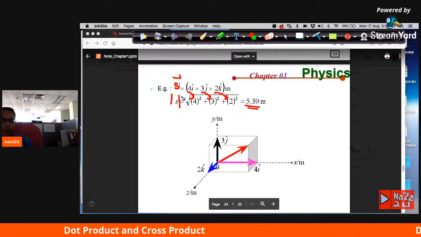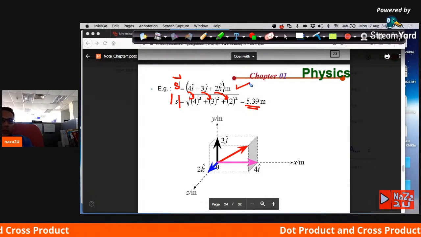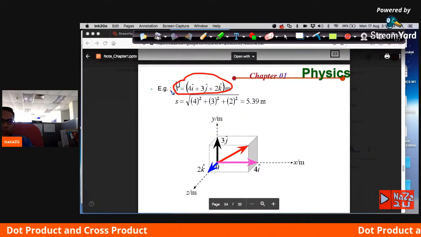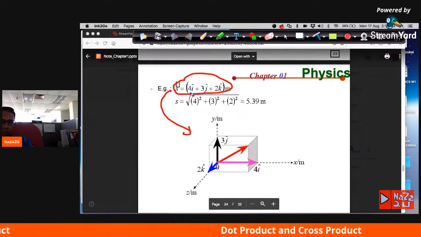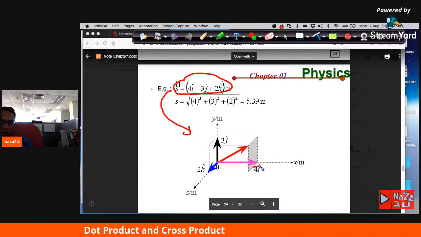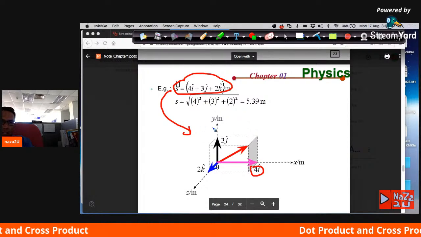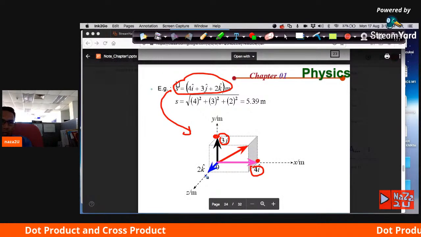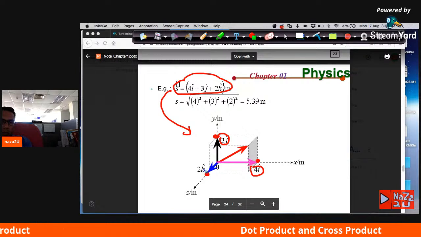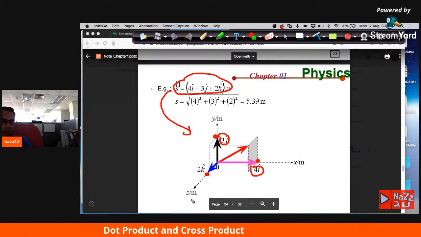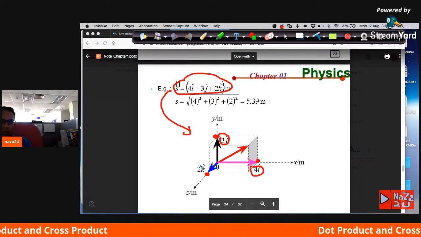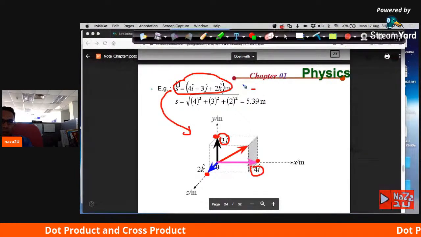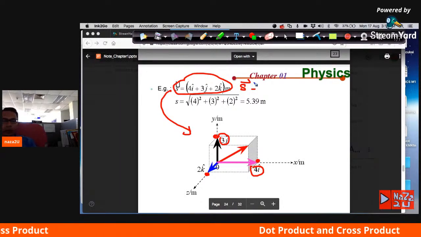This is the magnitude of vector s. In the diagram, the 4i is 4 along the x axis, 3j is for the y axis, and 2k refers to the z axis, right? So this is how you can use the diagram to show vector s.